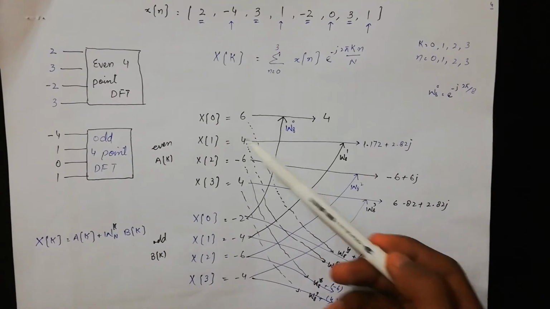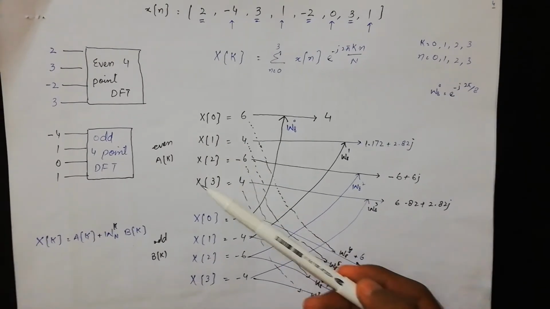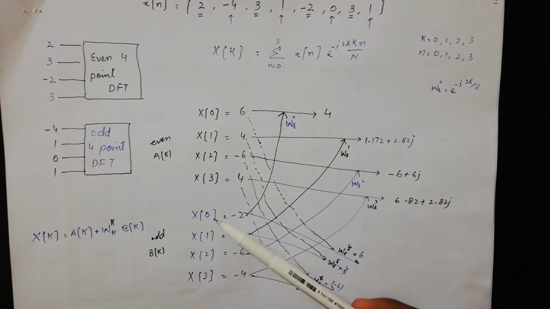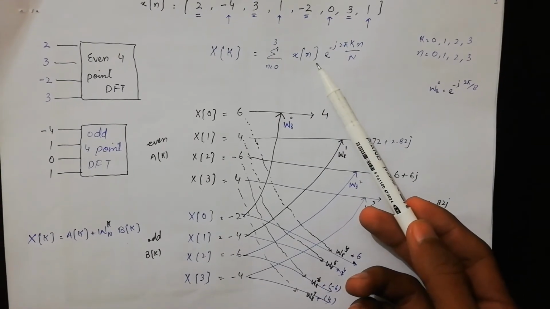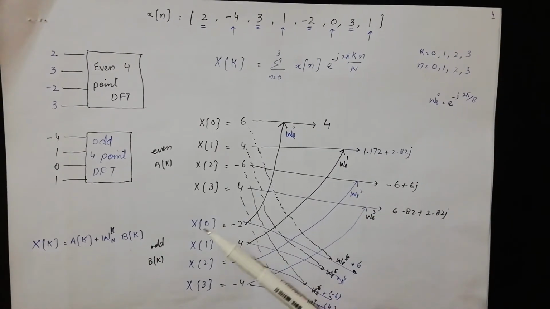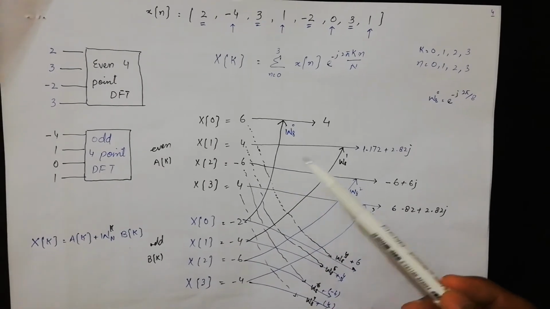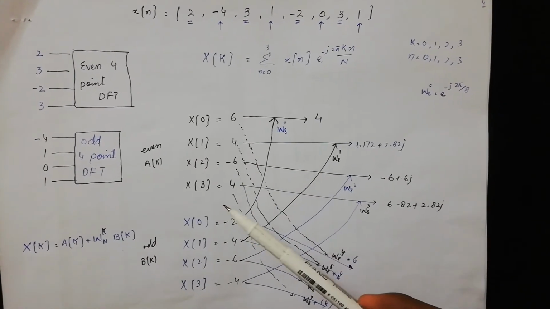Now we start from here: x0, x1, x2 and x3. First we calculate separately the values, which are 6, 4, minus 6 and 4. Then by using the same formula, x of n e to the power minus j2πkn over N, we calculate these values: minus 2, minus 4, minus 6, minus 4. I can't do detailed calculations here because we previously discussed all these calculations.